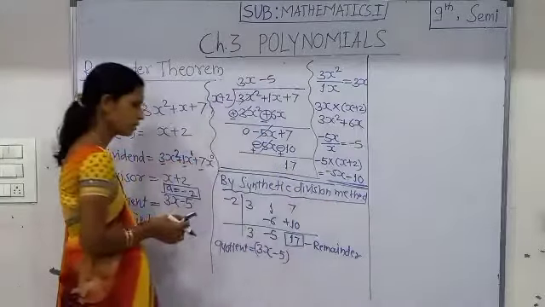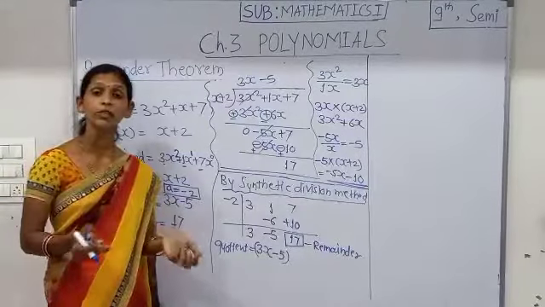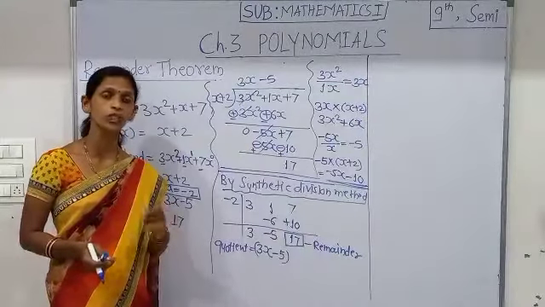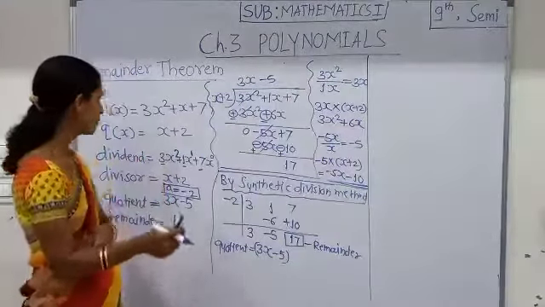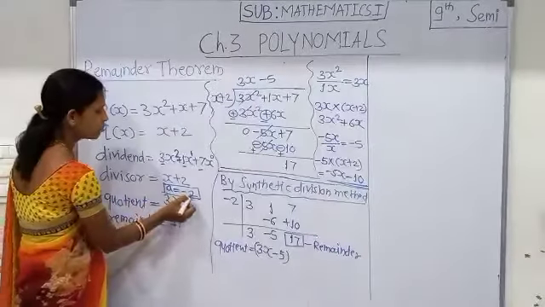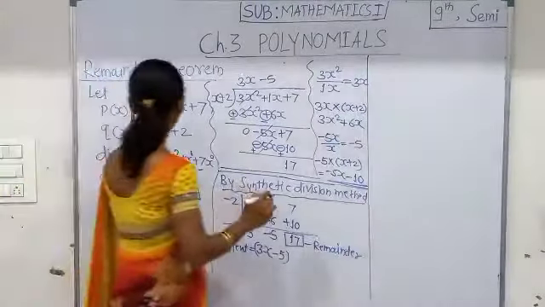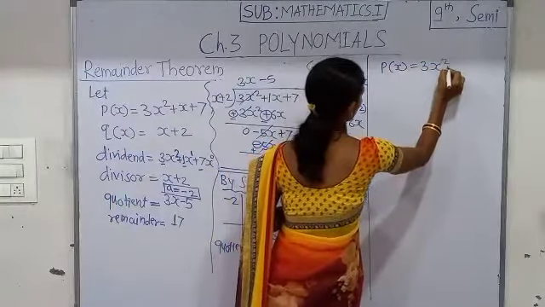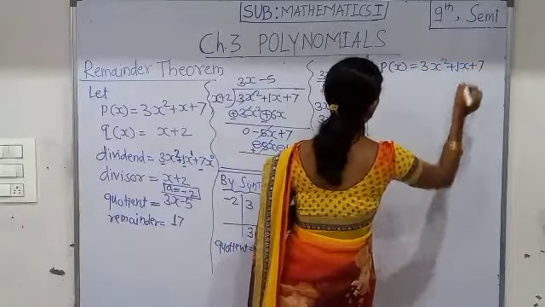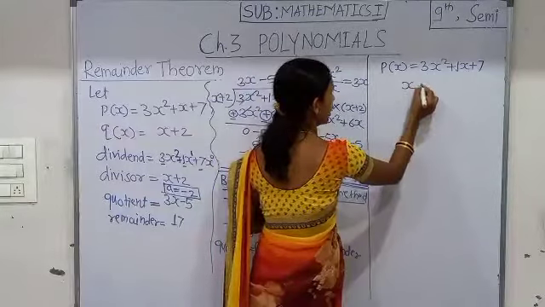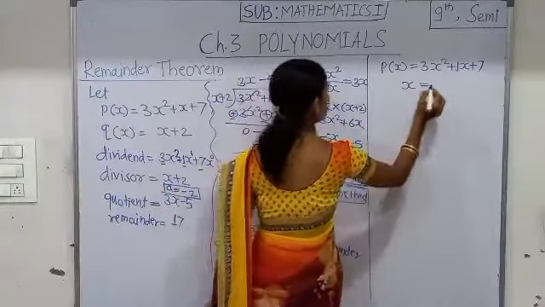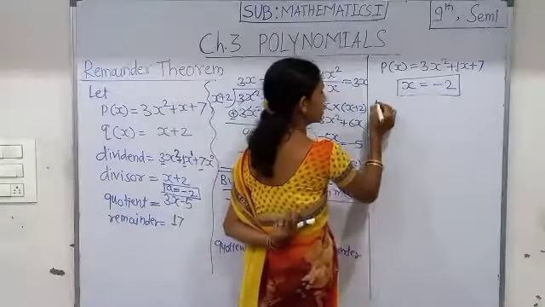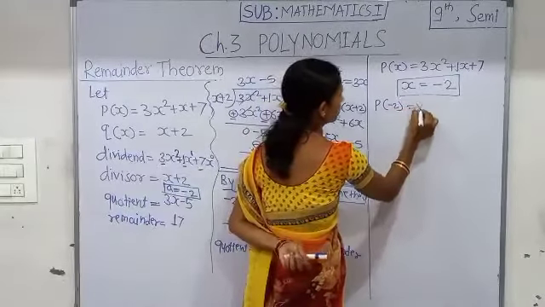Then see here, all of you have also calculated the value of a polynomial, and all of you have solved the examples which are based on the value of a polynomial. Then here the value of a is equal to minus 2. That means for this polynomial, p(x) = 3x square plus 1x plus 7, if x is taken as minus 2, then p(-2) is the value of the polynomial.